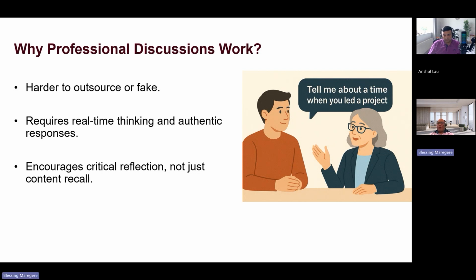There's a demand for personal reflection. It has to be personalized to the learner, their context, or to the apprentice in terms of their workplace and how they've applied certain theories and models.